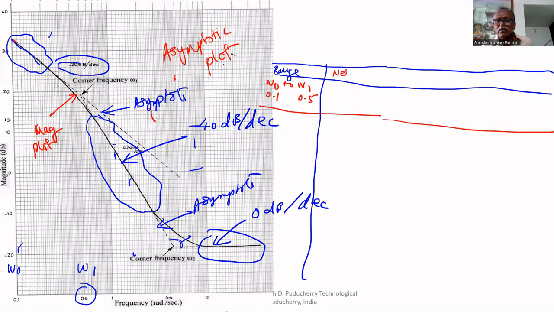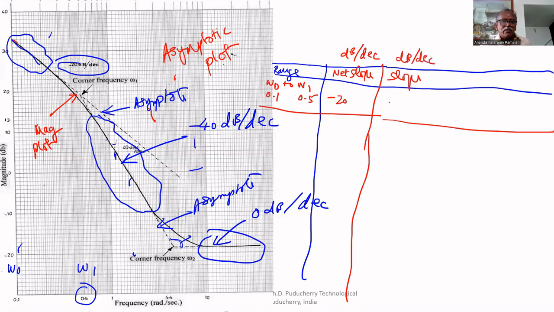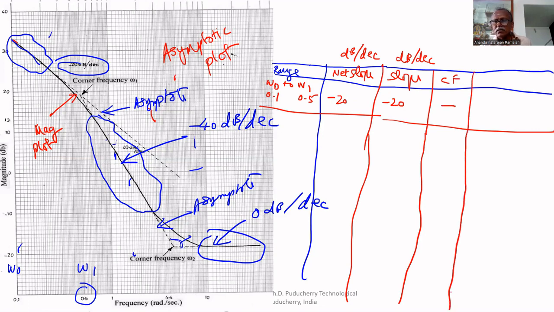The net slope is minus 20 dB per decade. Initially there is a slope, so there is no corner frequency. The factor is minus 20 dB, that's why K by S. We have to find K. The factor is K by S.